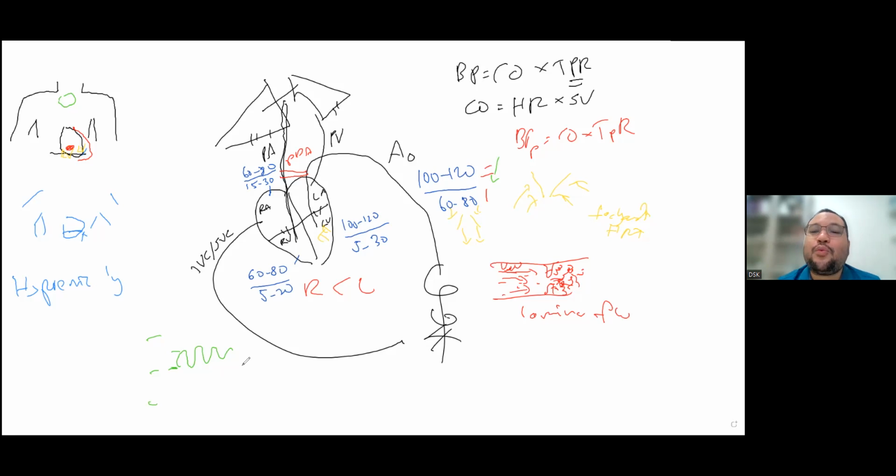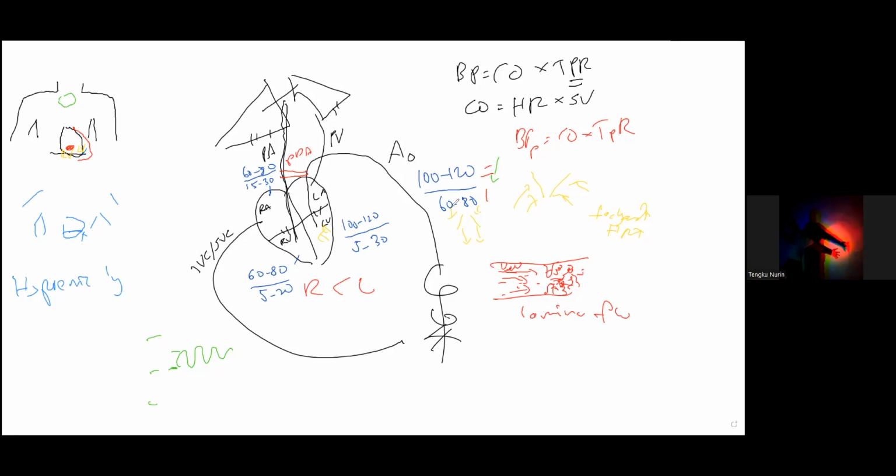Okay. Sekarang what happens to your pulse? Masa systolic naik ke turun? Masa systolic theoretically tak affected. Tapi masa diastolic, naik ke turun?